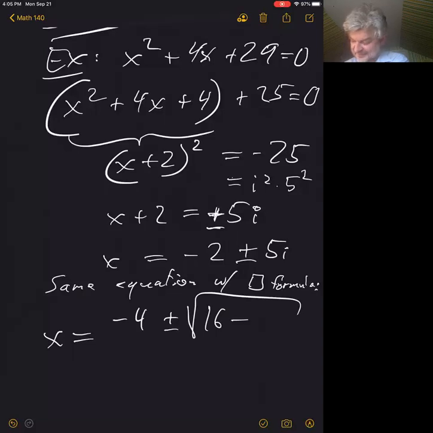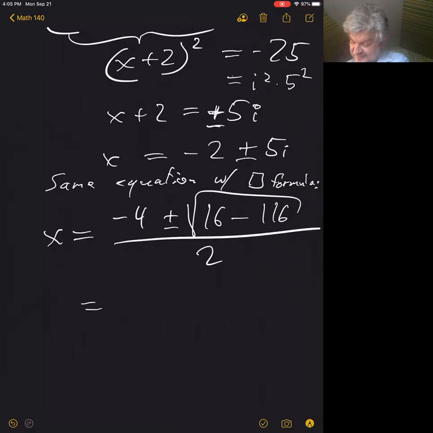What is that? That's 126. 116, sorry. Divided by 2 times the quadratic coefficient, so 2.